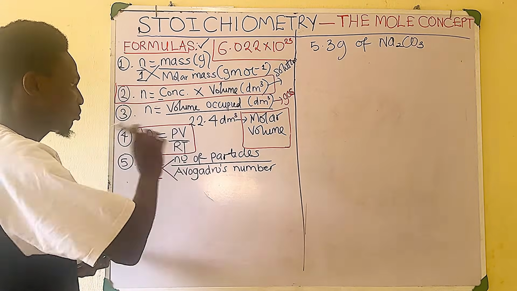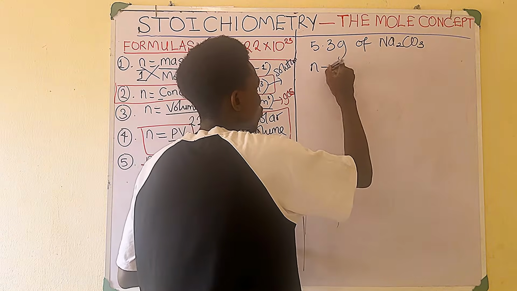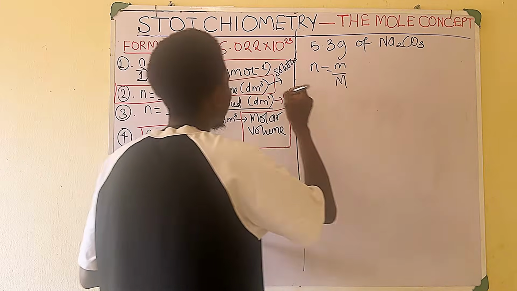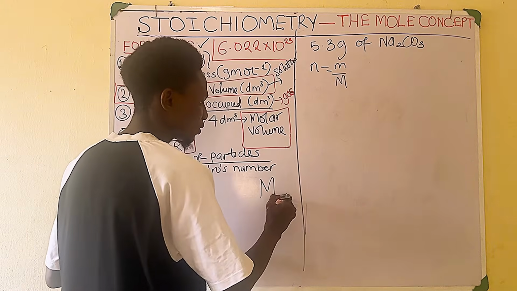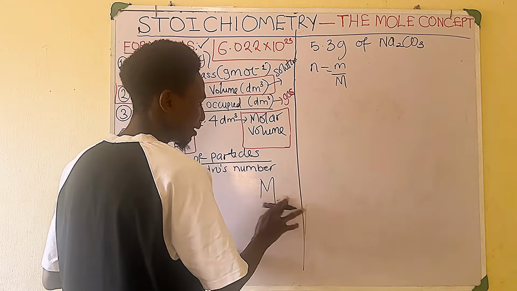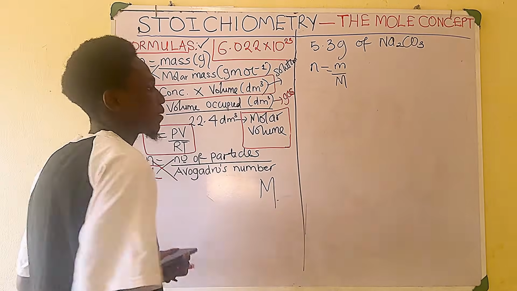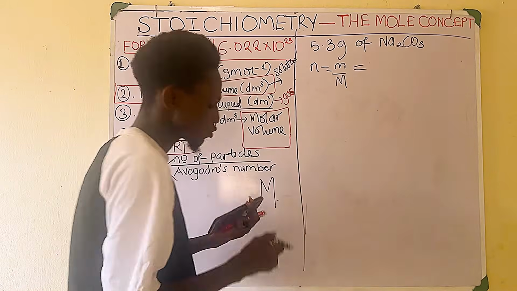I told you guys when you just see mass, know that I'm using number 1. So the formula is going to be n equals mass over molar mass. Molar mass is usually represented with capital letter M. Some people usually add a subscript to it, but I think capital letter M is enough, while mass is represented with small letter m. So from there now, we have mass over molar mass.